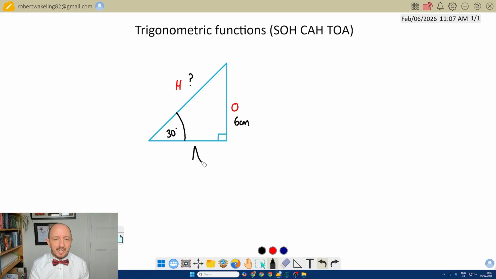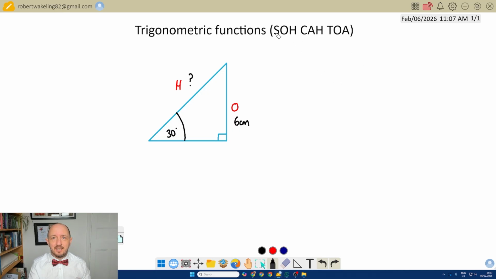Because there's no A involved, we can eliminate this one and this one because they both had the adjacent in there. And that's the power of SOHCAHTOA. It helps you to identify which one we're actually dealing with.